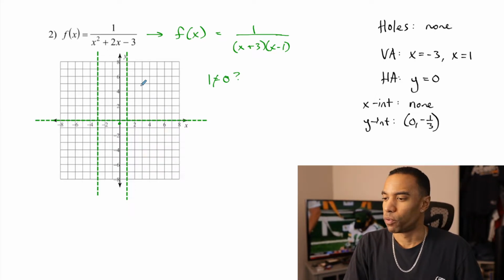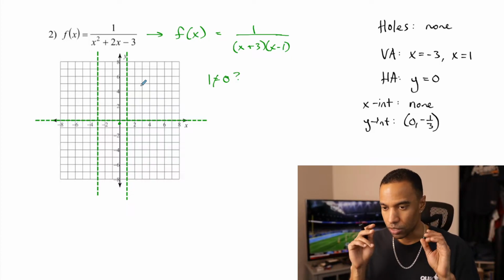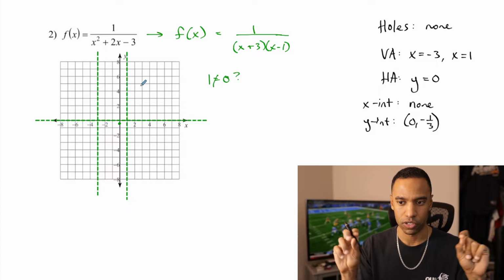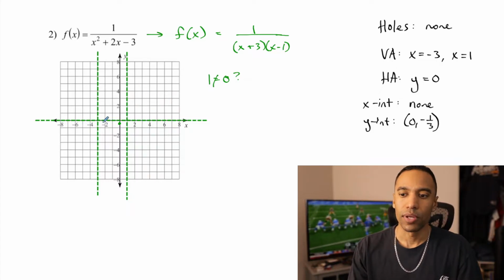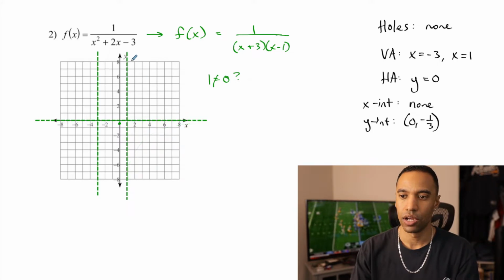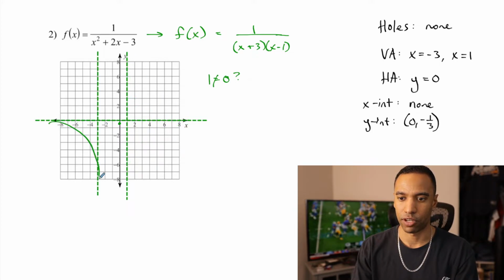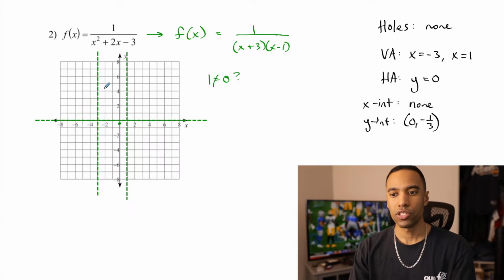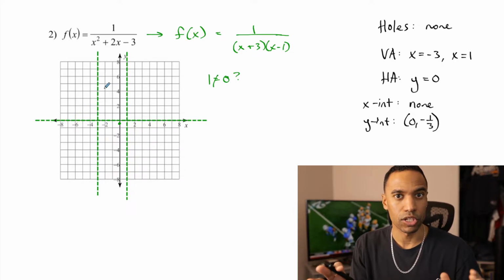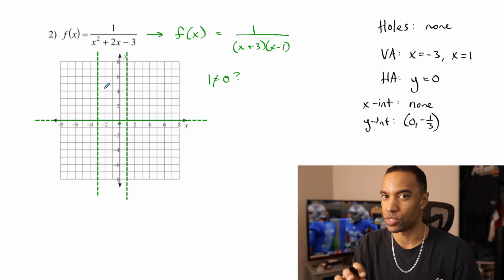Okay, where do we go from here? Now, I'll talk about the end parts first. I'll talk about the middle second. Now, we don't have any x-intercepts or holes to talk about. Does this graph go here or here? And does the graph go here or here? This is where we can substitute values. I'm not particular in trying to find out what the actual y value is at a specific x value.